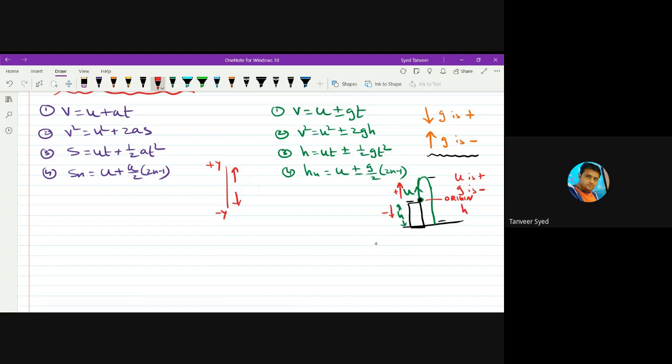Then what about this h, height, displacement? It is downward. Origin is here. The final position of the body is here, so it is down below the origin. So h is also negative. We apply this sign convention whenever you see a body moving in both upward and downward directions.